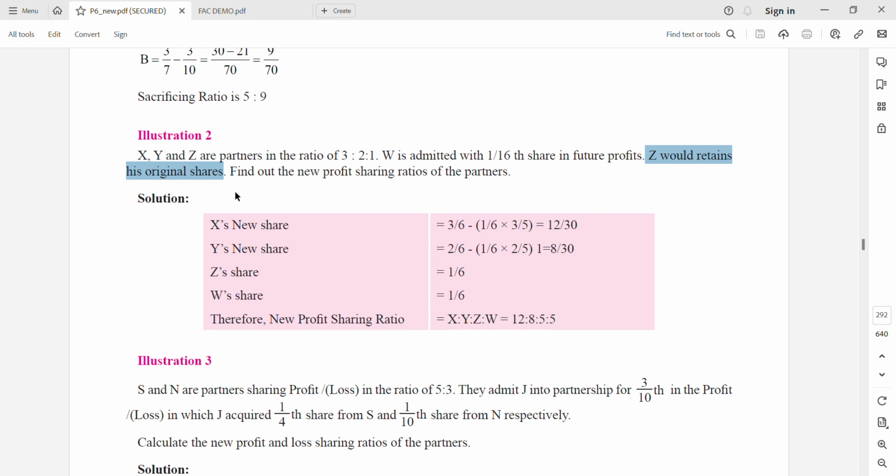This means Z will not sacrifice any profit with the admission of W. He will retain the old profit, whatever he is getting. He will not change. Find out the new profit sharing ratio of the partners.